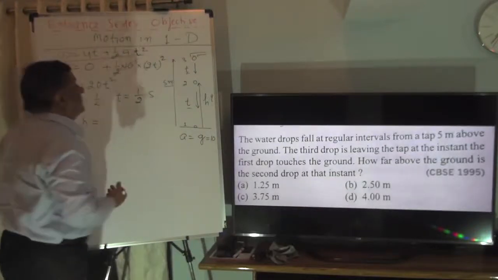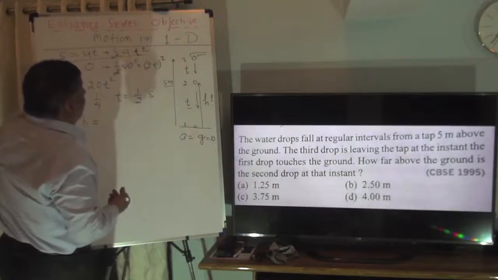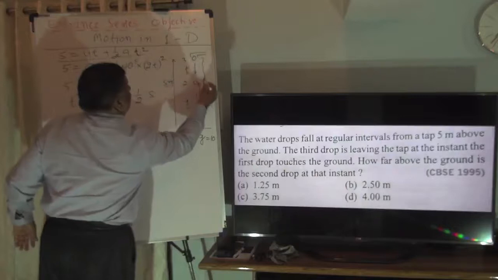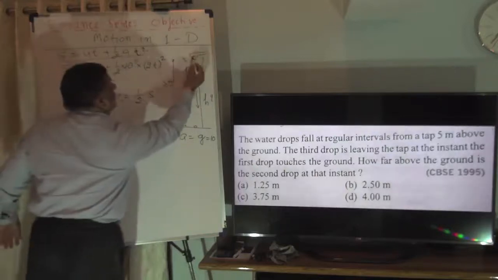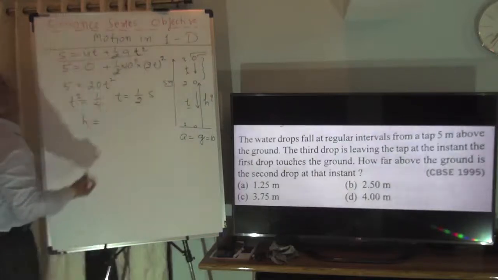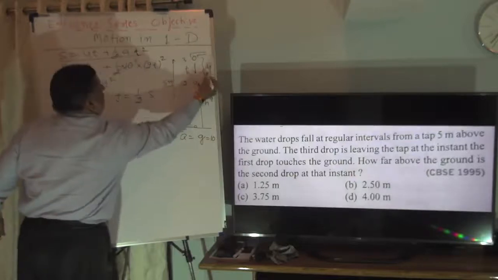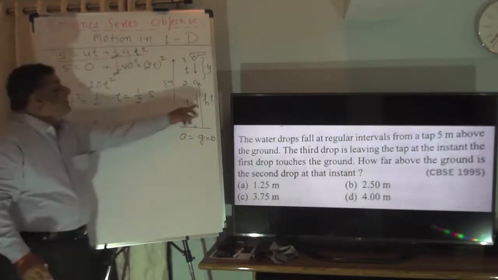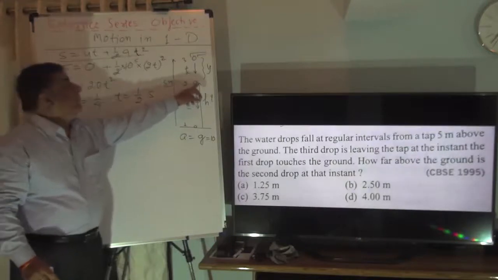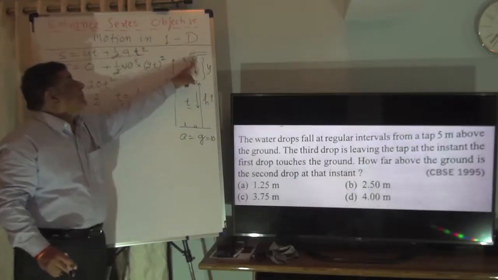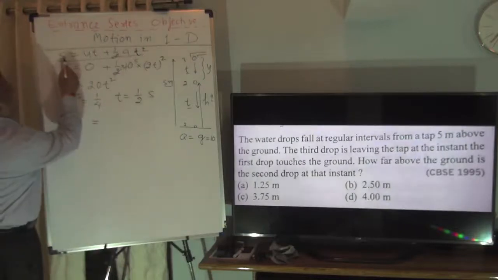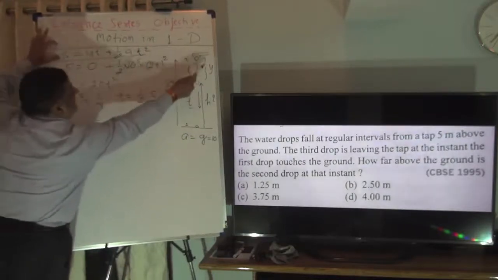So let us find this height, call it y, because here we know u is equal to 0. Why are we not calculating h? Because we don't know u. Why are we calculating y? Because we know u here is 0.